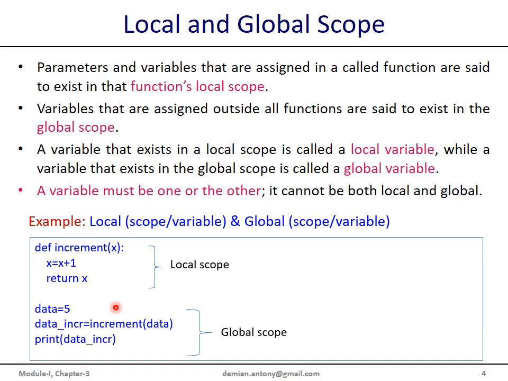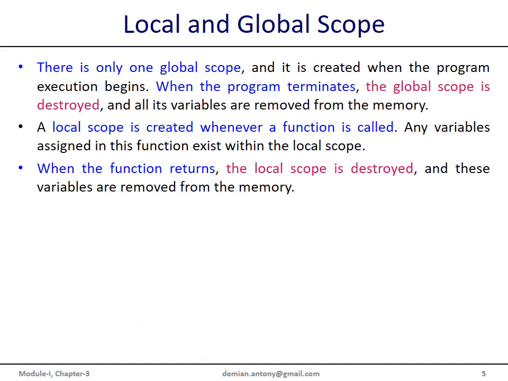Let us take up this variable data. This is found in the global scope outside the function definitions, and the variables that are assigned outside the function definitions are called global variables. When are these scopes created by the runtime?